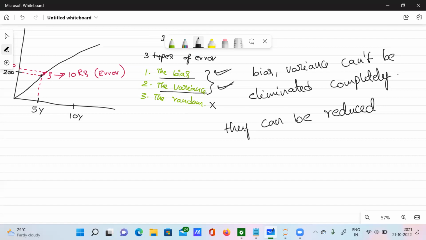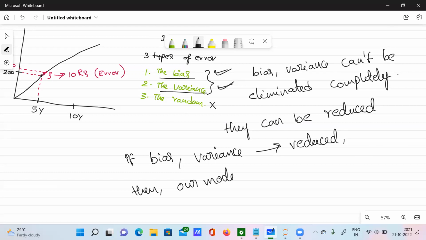I'll tell you, but before that I just want you to know that if we reduce this bias error and the variance error, then our model will be right fit. So what is meant by this right fit? What happens if we reduce this bias and variance error? Our model will be right fit.